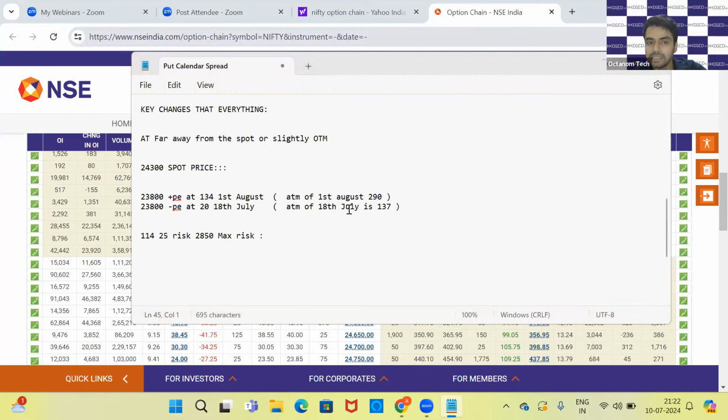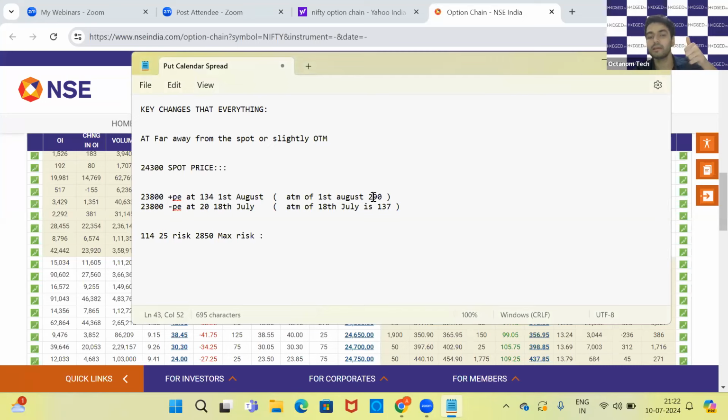Okay. Now these are your reference values. Let's say Nifty falls and comes to 23,800. However much it falls, this is just the ratio that you get, like what the ATM values are. So assuming Nifty falls 200 points or 250 points or even 100 points. Now these reference values, why have I taken them? Because we are considering Nifty to come to our strike. If Nifty comes to 23,800, your first August would become 290.